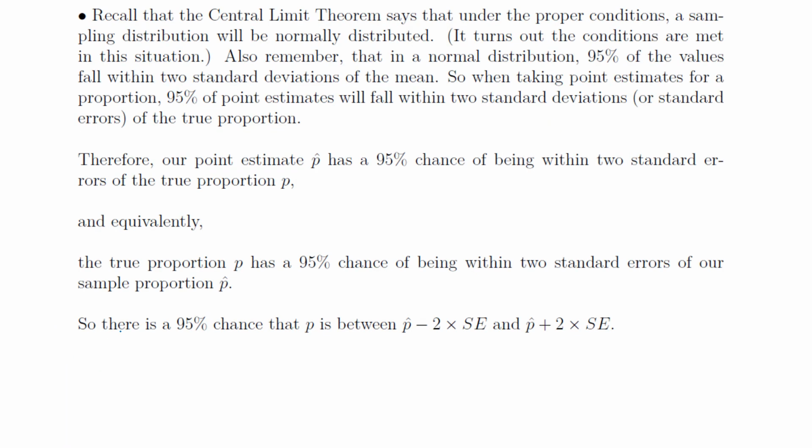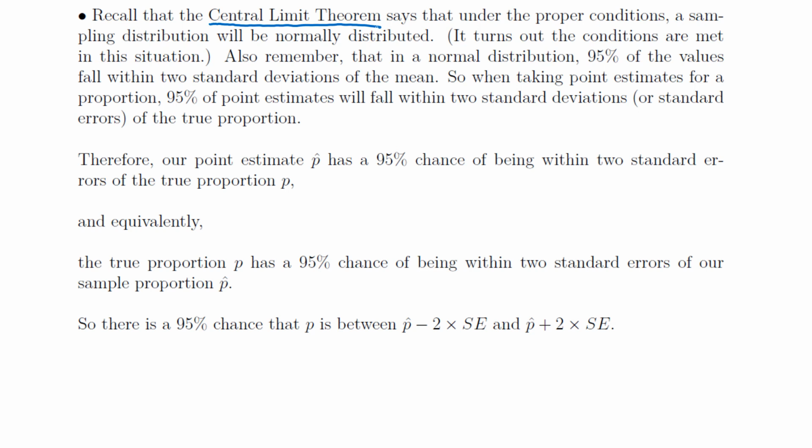Well, now we use our knowledge of the normal distribution, right? We know that what's known as the central limit theorem, okay, it says that under the proper conditions, a sampling distribution is going to be normally distributed. It's going to be shaped like a bell curve.